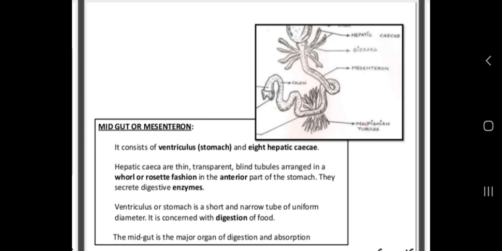This prevents the backward flow of the food particles.